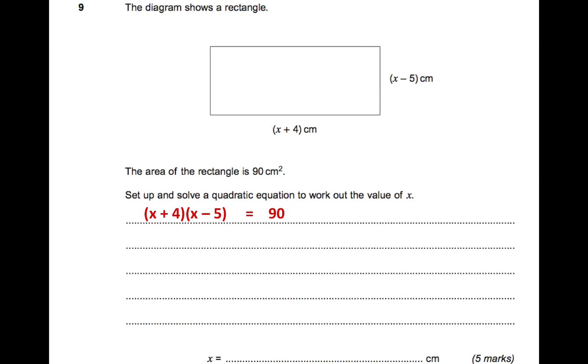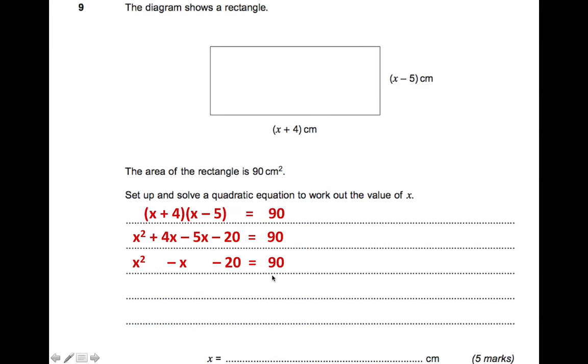So multiplying that out, x squared minus 5x plus 4x minus 20 equals 90. And that already is a quadratic equation, but tidying it up a bit, we've got 4x minus 5x in the middle, which together makes minus a single x.